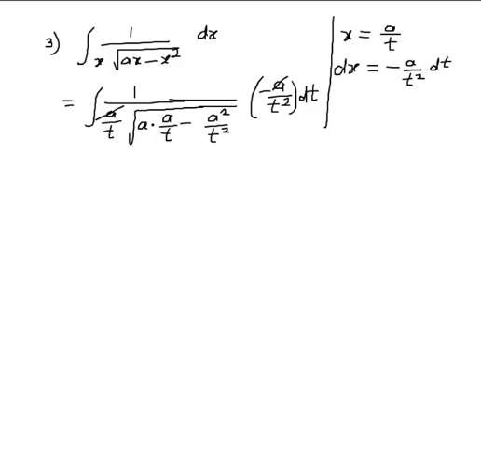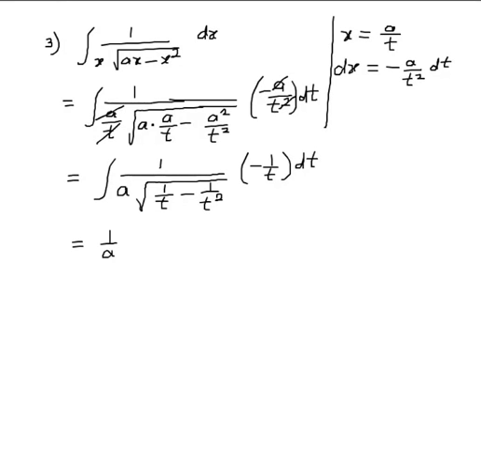Let us cancel these two a's, and t also could be cancelled. Integral 1 divided by, let us remove a square from the root sign. It becomes a root of 1 by t minus 1 by t square. And here we have minus 1 by t dt.